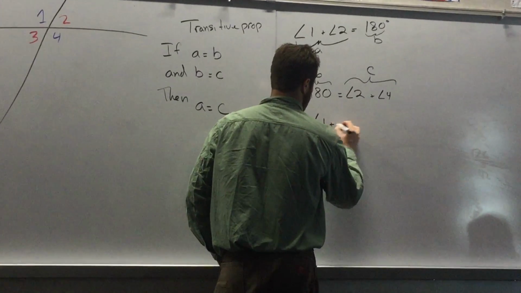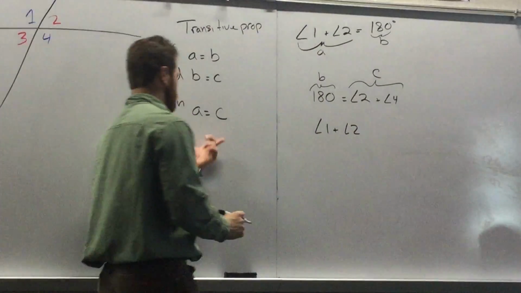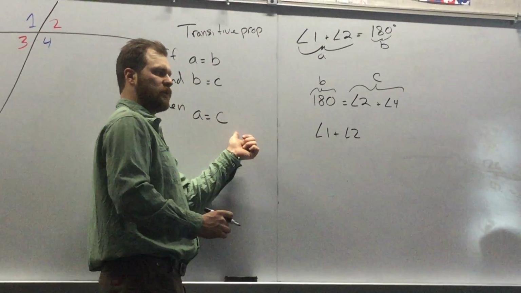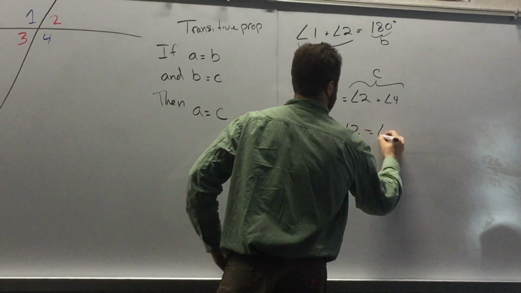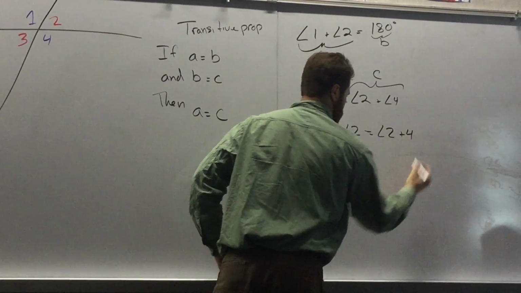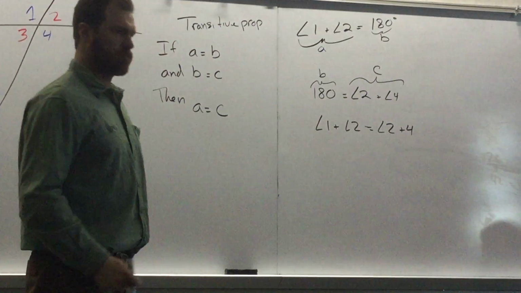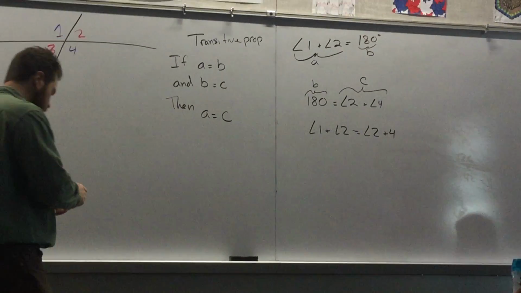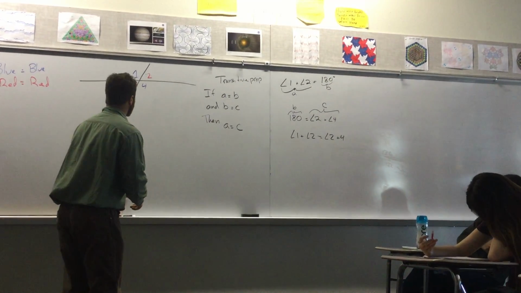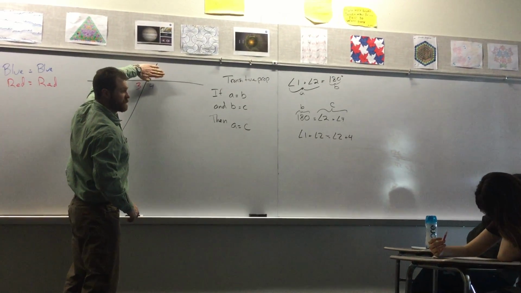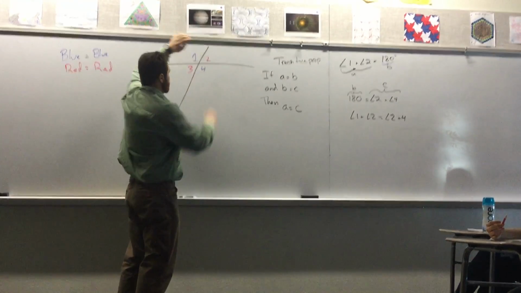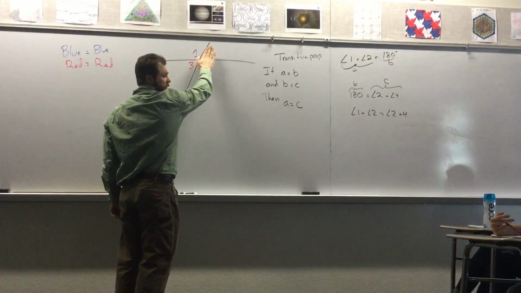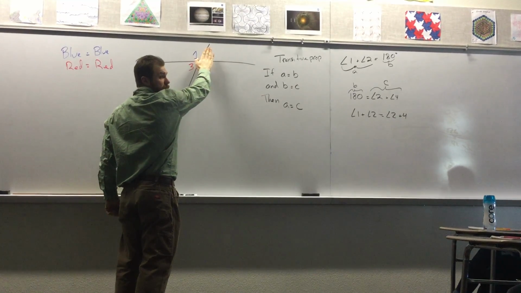Angle 1 plus angle 2, that's my A. What's my C? Yeah. Right? It's not rocket science here, right? Angle 1 plus angle 2, that's a straight line. That's going to also equal angle 2 plus angle 4, another straight line, right?